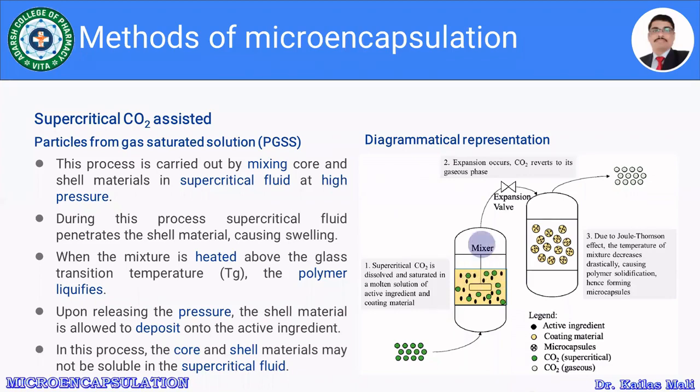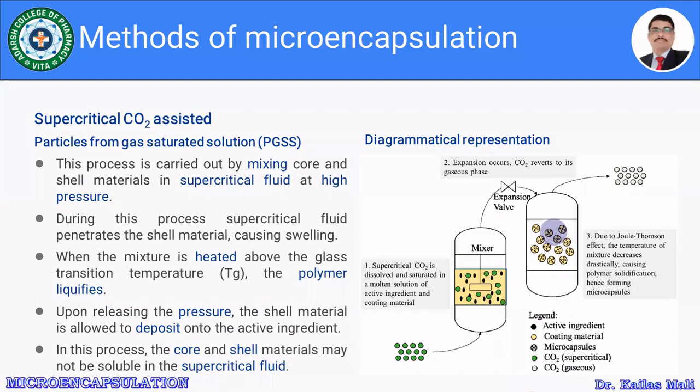And furthermore, when we are releasing the pressure, due to the drop in the pressure, the shell material gets deposited onto the active medicament. Shell material, that is the polymer, isn't it? Because initially the polymer is present in the molten state, and when we release the pressure, it gets solidified onto the particles.